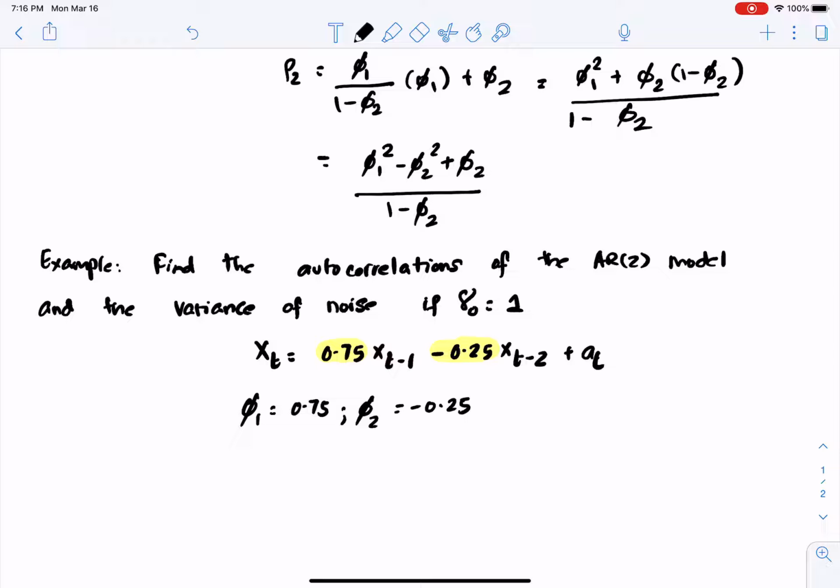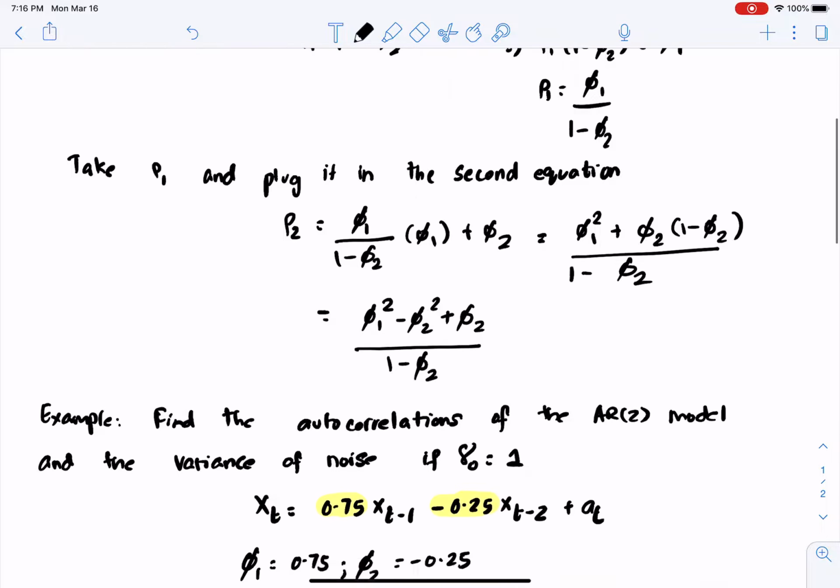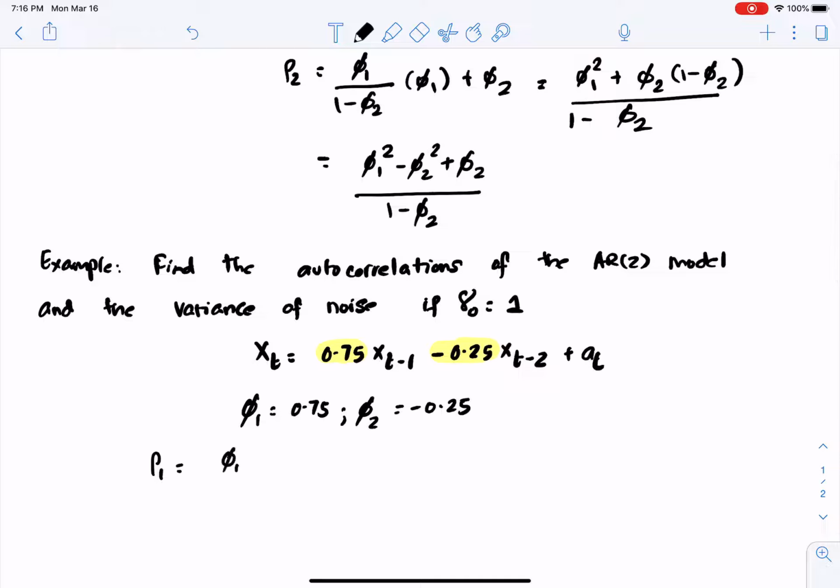Since we know phi1 and phi2, contrary to the previous example where we had the values of the autocorrelations and we fit the model, here we have the coefficients and we are trying to find the autocorrelations. So rho 1 would simply be given by that formula, phi1 over 1 minus phi2, which is 0.75 divided by 1 minus 0.25.